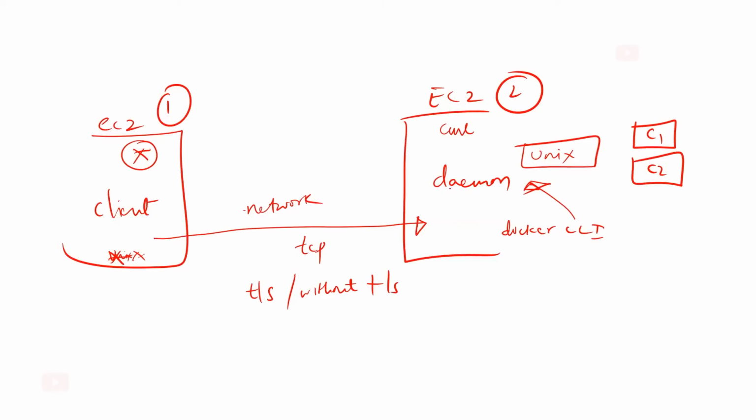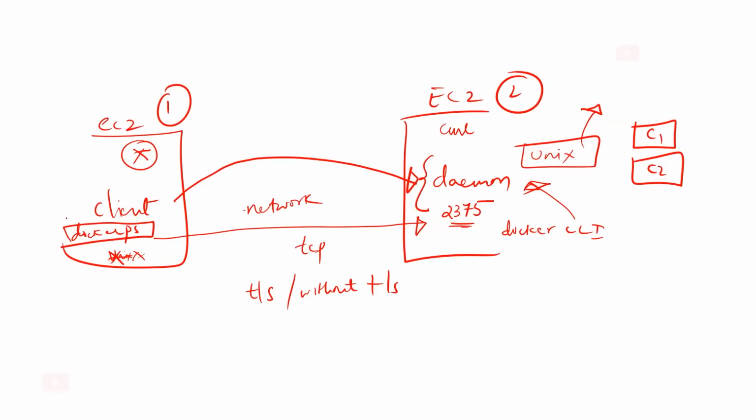So that's the reason why we enable TCP communication, where this daemon, along with listening on the Unix socket, also listens on a port number called 2375 over TCP. So now this client will talk to this daemon over the 2375 port. Which means when I do Docker PS, this Docker CLI would check for the Unix socket on the same machine and try to connect to the daemon.